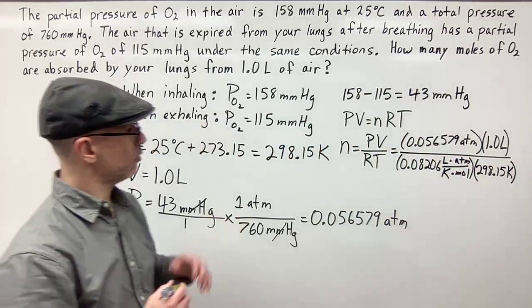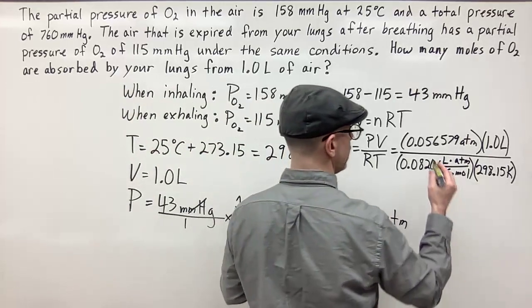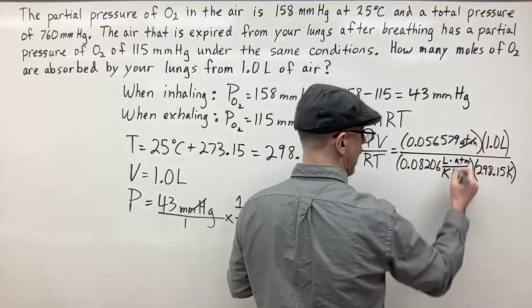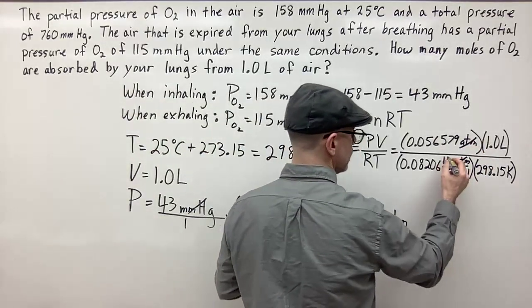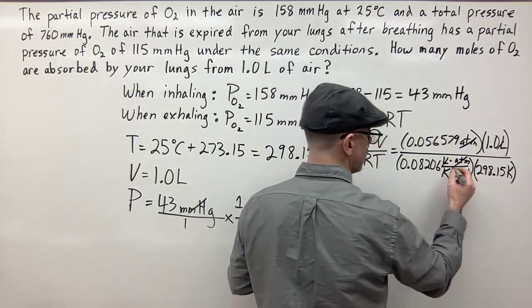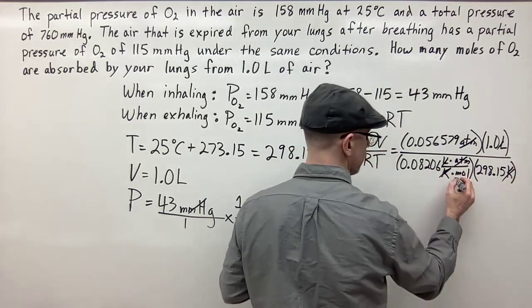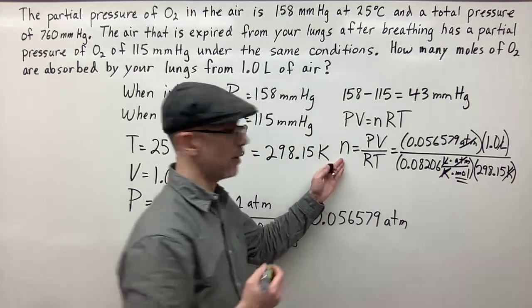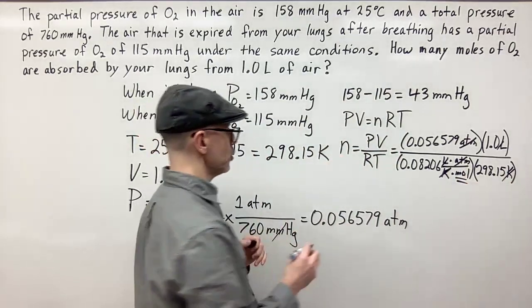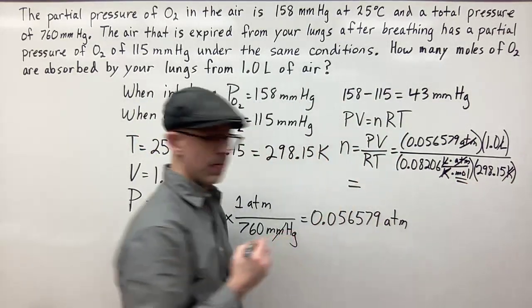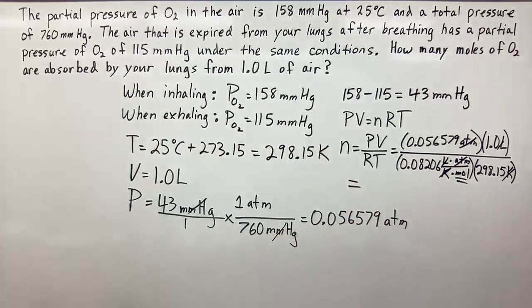And so now all we need to do is multiply and divide. But notice that atmospheres cancel out, liters cancel out, Kelvin cancel out, and I'm left with moles, which is what I want. So when I calculate this out, the number of moles is equal to 0.0023.